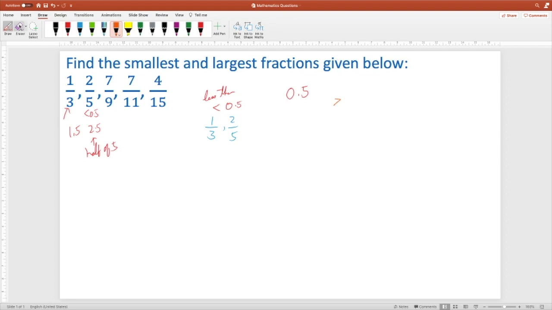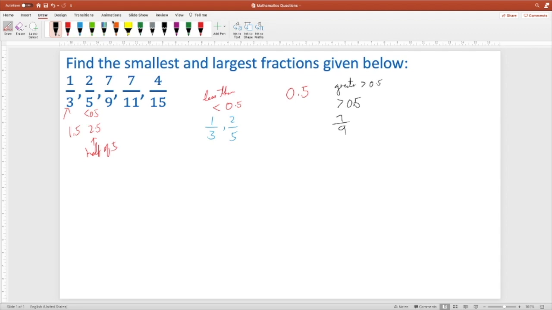So I'm going to create another group. This group is more than 0.5. Greater than 0.5. Okay, so 7/9 is greater than 0.5.